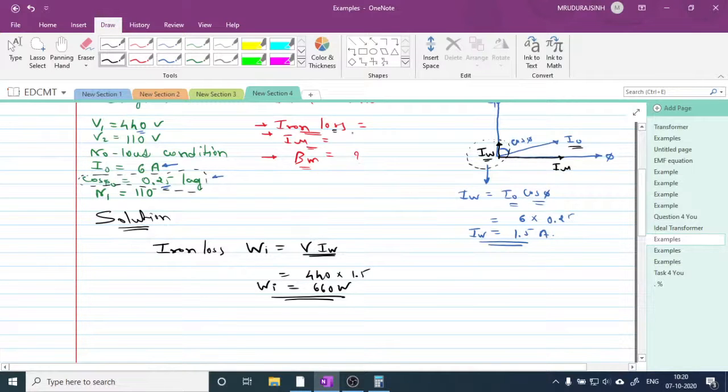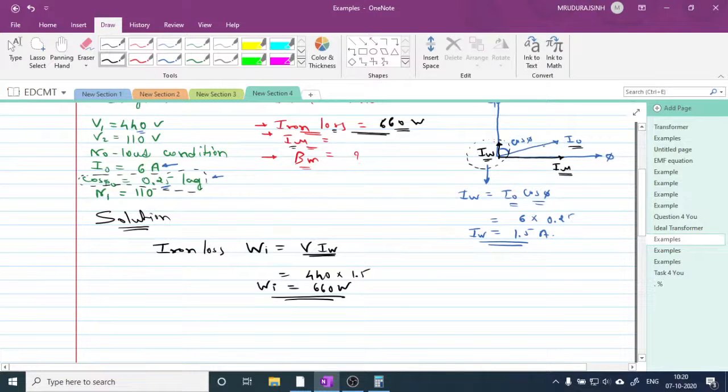We have got the iron losses, which is 660 watt. Now we need to find I mu. And what is I mu? I mu is the horizontal component of I0.